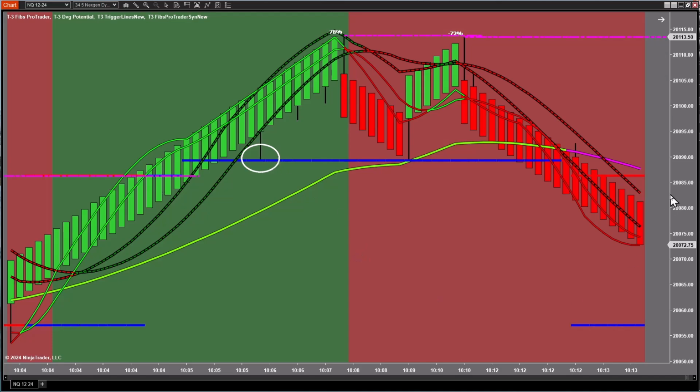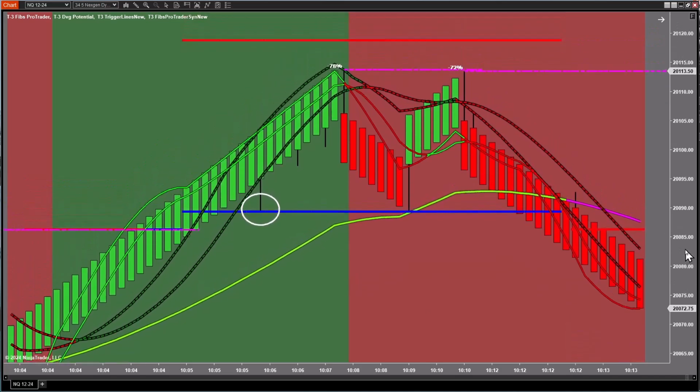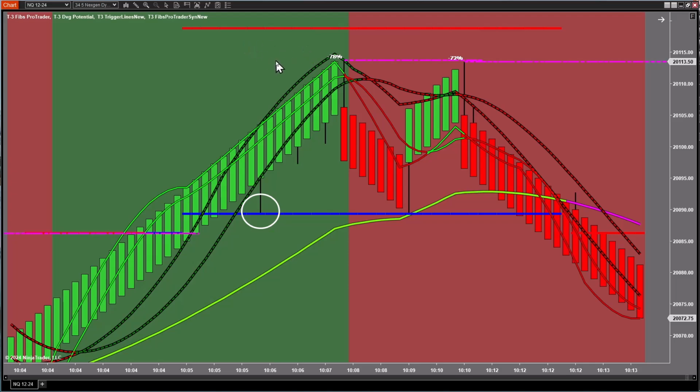And then ultimately, we have a weak trigger with divergence, which means almost 99 times out of 100, we're going to come back to support in the mid-band, and then we're going to go back up again, right? I mean, almost always. It's damn near guaranteed.